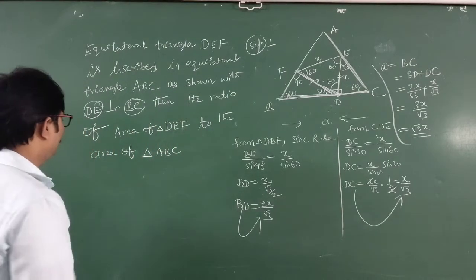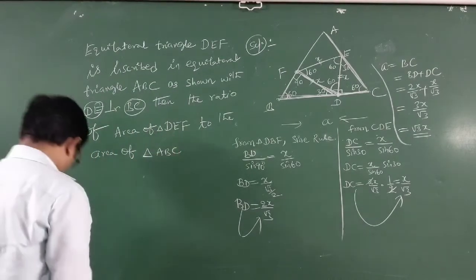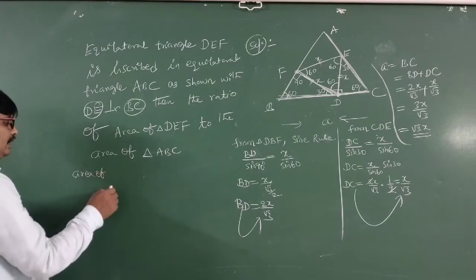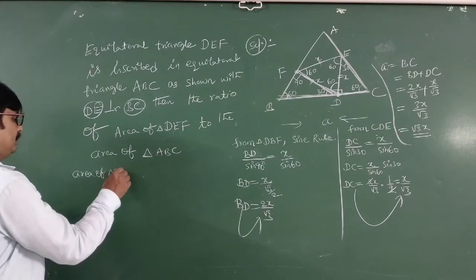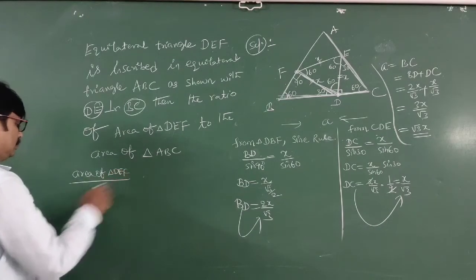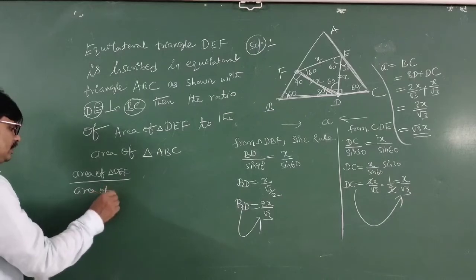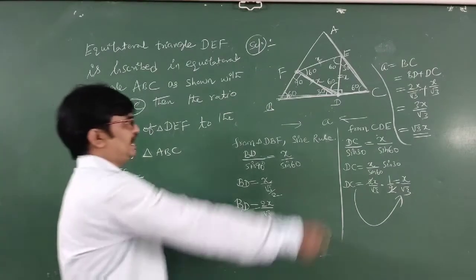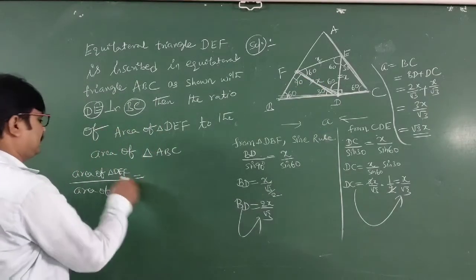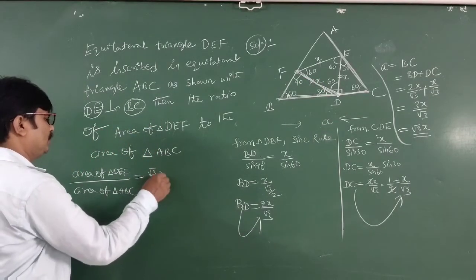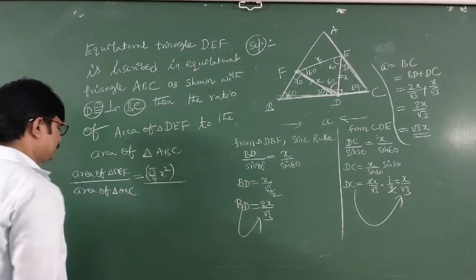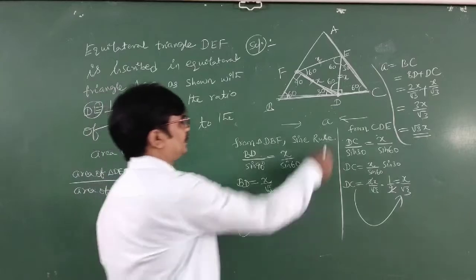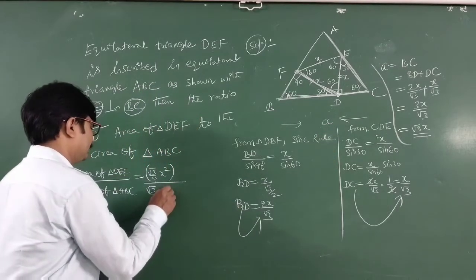Now we have to find the ratio of the area of triangle DEF to the area of triangle ABC. Each side of DEF has length x, therefore its area is root 3 by 4 x square. For the equilateral triangle ABC with side a, the area is root 3 by 4 a square.